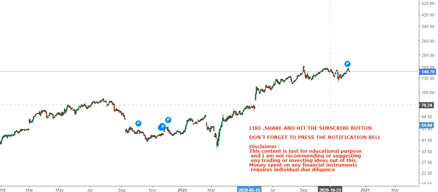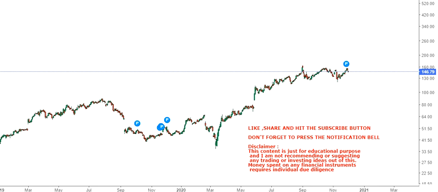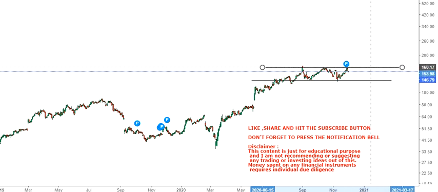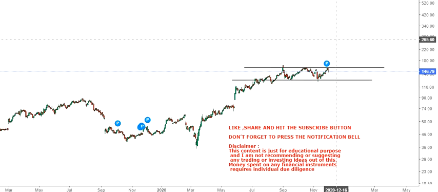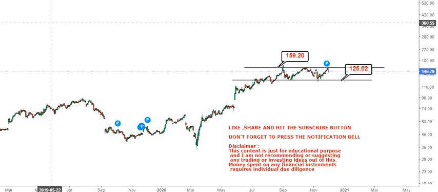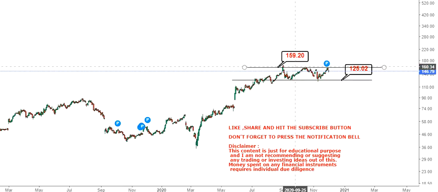Now in the daily chart, the first thing which one needs to see is the current trend, and one can probably observe here that the trend has definitely become a flat one. So it has now started consolidating, where you can find that the upper end of the range is 159 or $160, and the lower end of the range is $125.